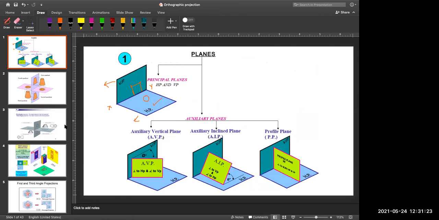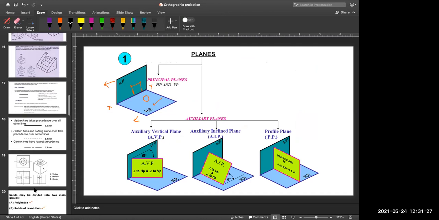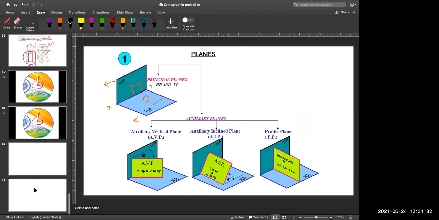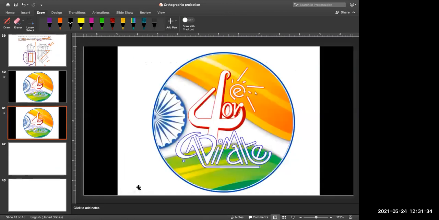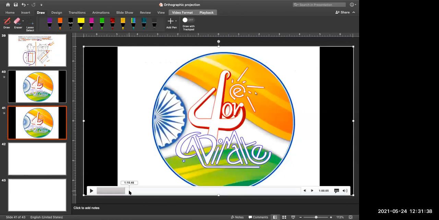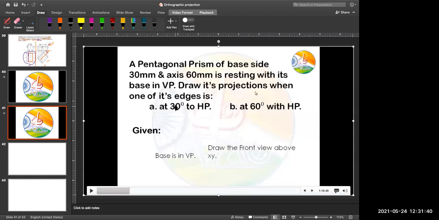One more condition is given: one of its edges makes an angle of 30 degrees for the first case and 60 degrees for the second case with your HP. That's why this time we have to draw the pentagon above your reference line.